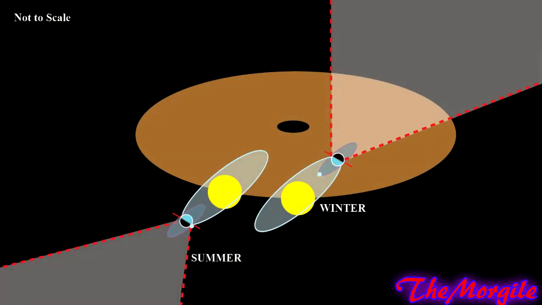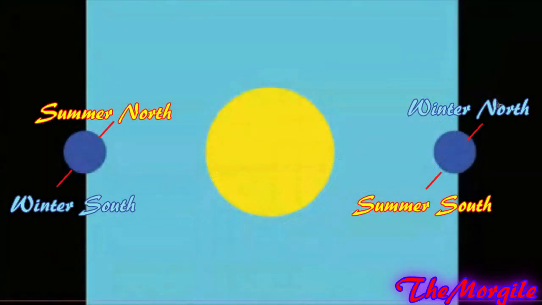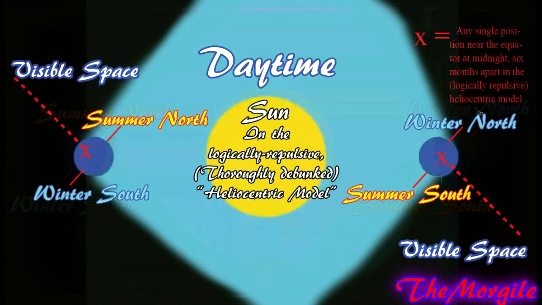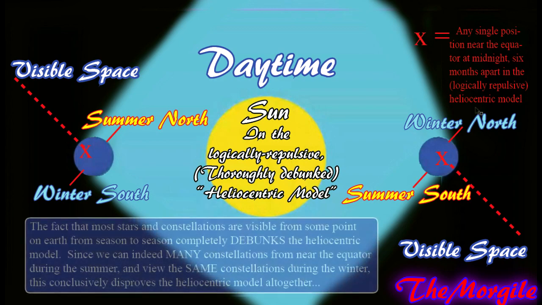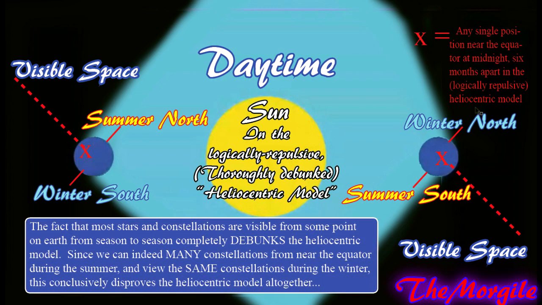I could give you a couple more. One would be that equatorial stars overhead during the summer on the hypothetically spherical Earth should be on the complete opposite end of the universe compared to equatorial stars or non-polar stars overhead during the winter. And the same thing can be said about spring and autumn. And so, in other words, we should have a completely unique set of stars for each season, especially when talking about stars overhead of the equator.